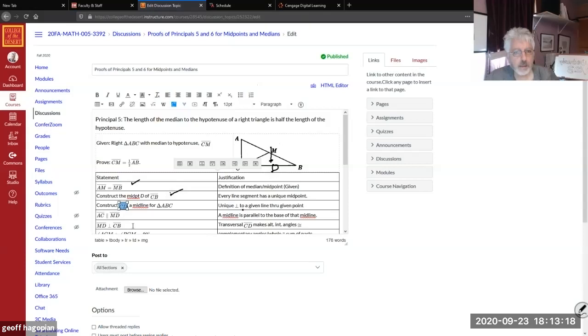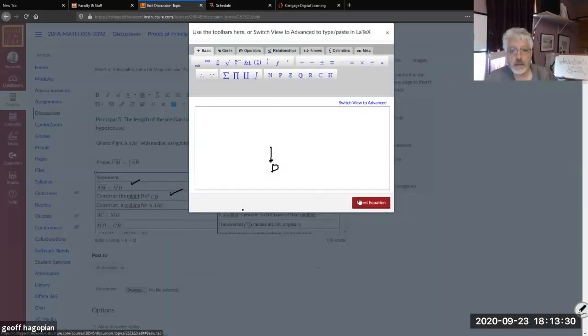AC is parallel, yeah. Okay, so that should be an MD. So I click on this little thing here and I get that. So this is good. So I have to say overline, and then I say it's MD, that's the midline, right?